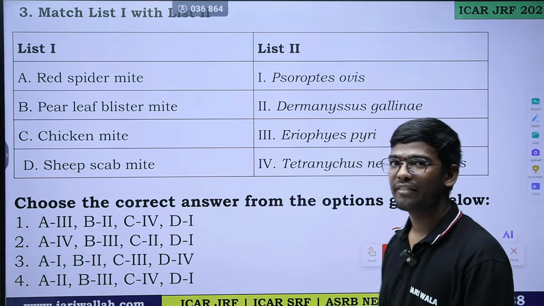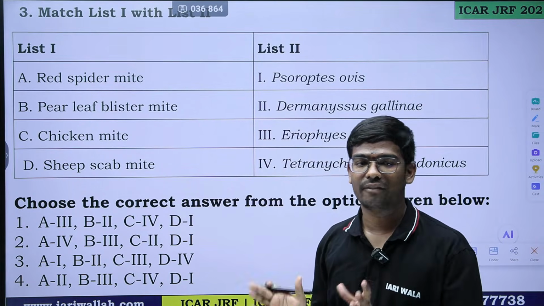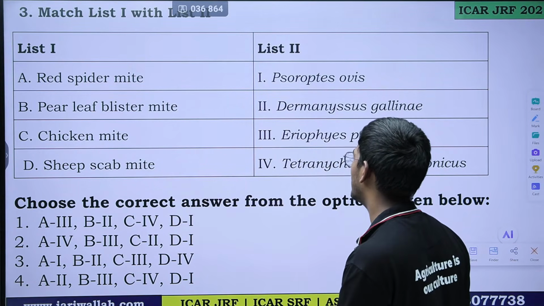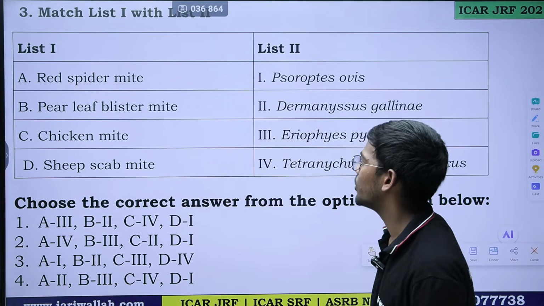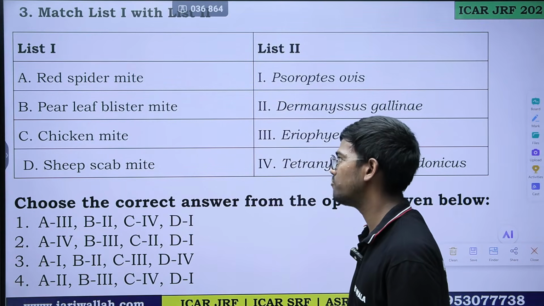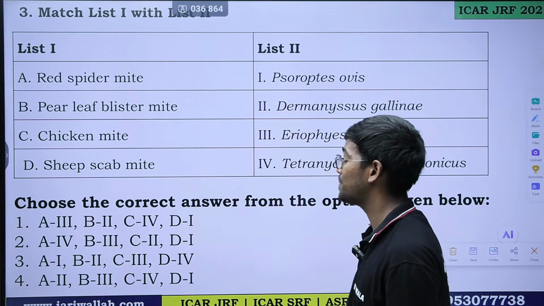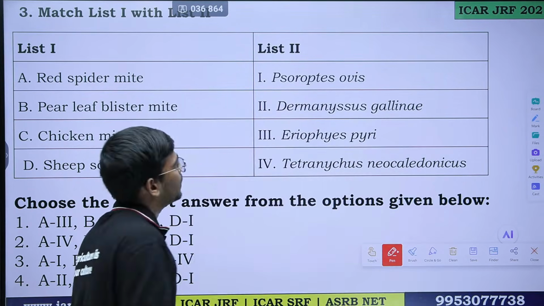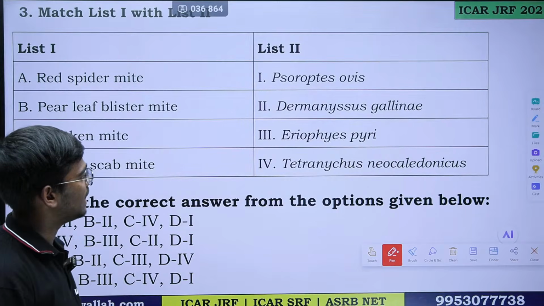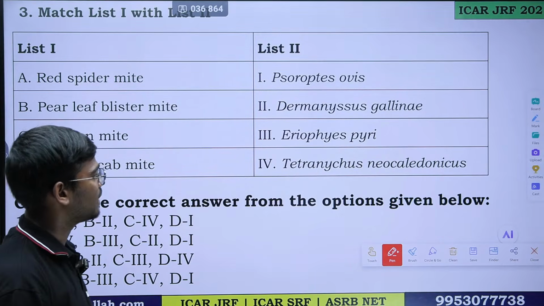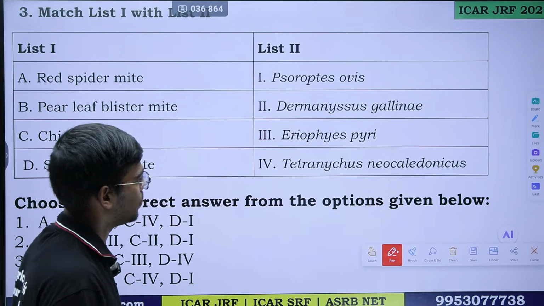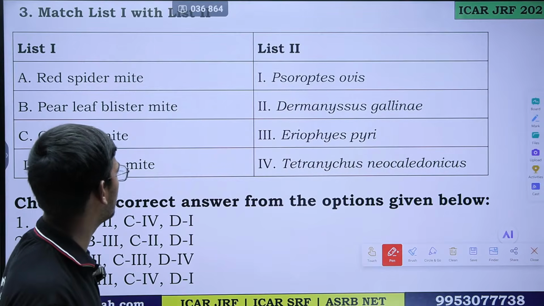Again, here is one more matching. On one side they gave the mites, and on the other side the scientific names of mites: red spider mite, pear leaf blister mite, chicken mite, sheep scab mite, and Sarcoptes ovis, Dermanyssus gallinae, Eriophyes pyri, Tetranychus neocaledonicus.